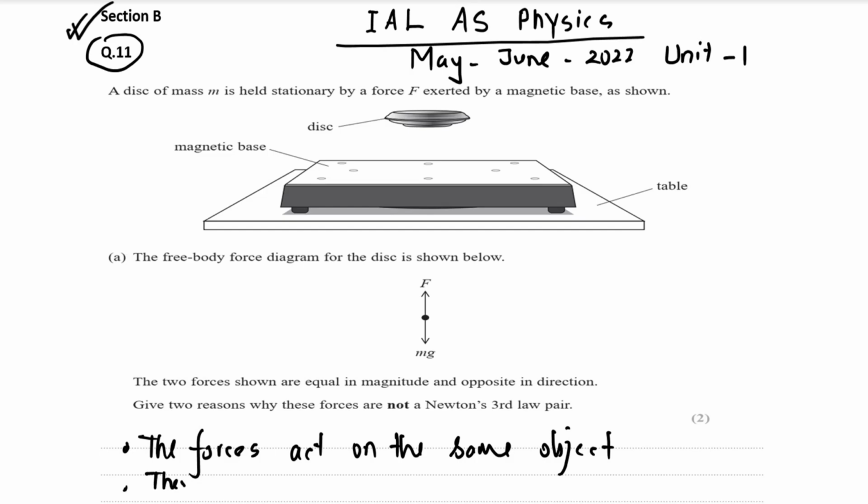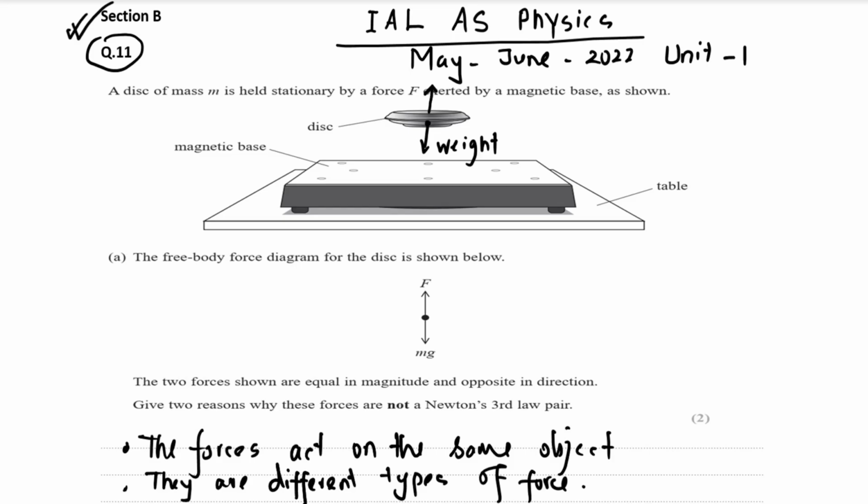So here the weight of the disk acts downwards, and a repulsive force acts on the disk, and they are the same in size and acting in opposite directions.